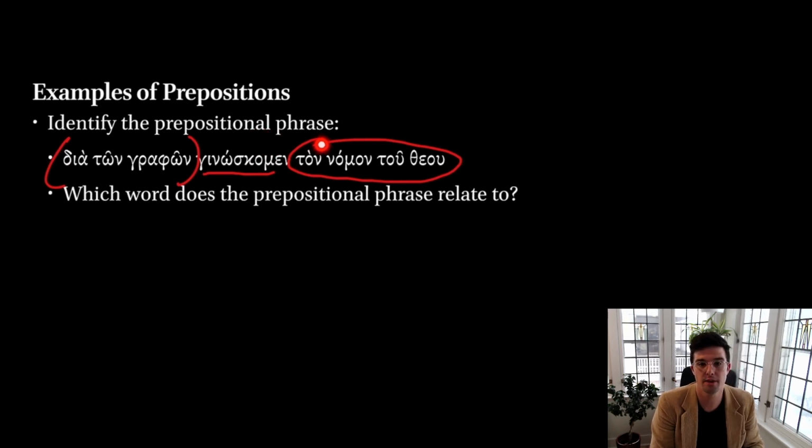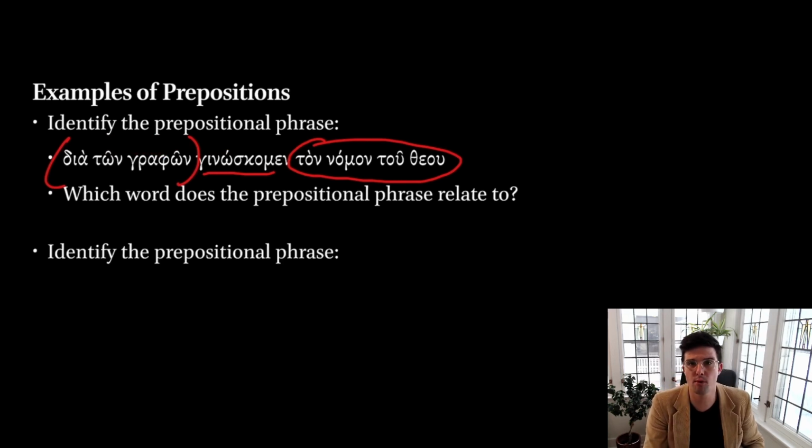We know the law of God. And the way that we know is through the writings. This prepositional phrase tells us the information about how we know here. So we can almost say that the prepositional phrase is functioning as an adverb might in English, that we know by the writings.